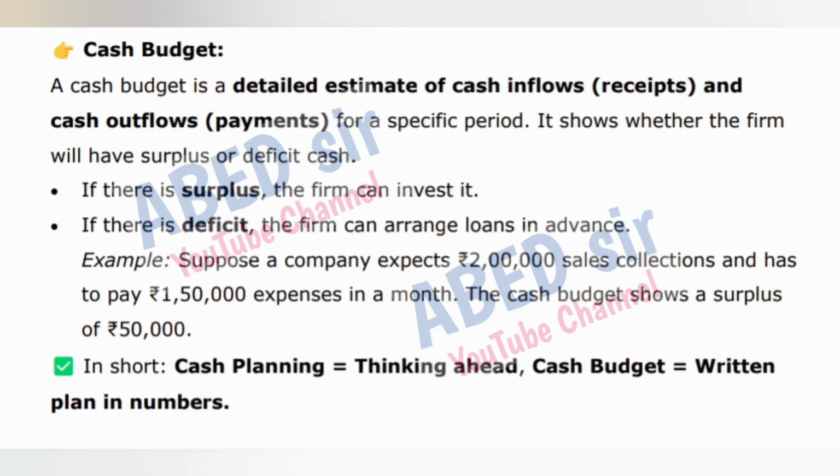Example, suppose a company expects 2 lakh rupees in sales collections and has to pay 1,50,000 rupees in expenses in a month. The cash budget shows a surplus of 50,000 rupees. In short, cash planning is thinking ahead, cash budget is the written plan in numbers.